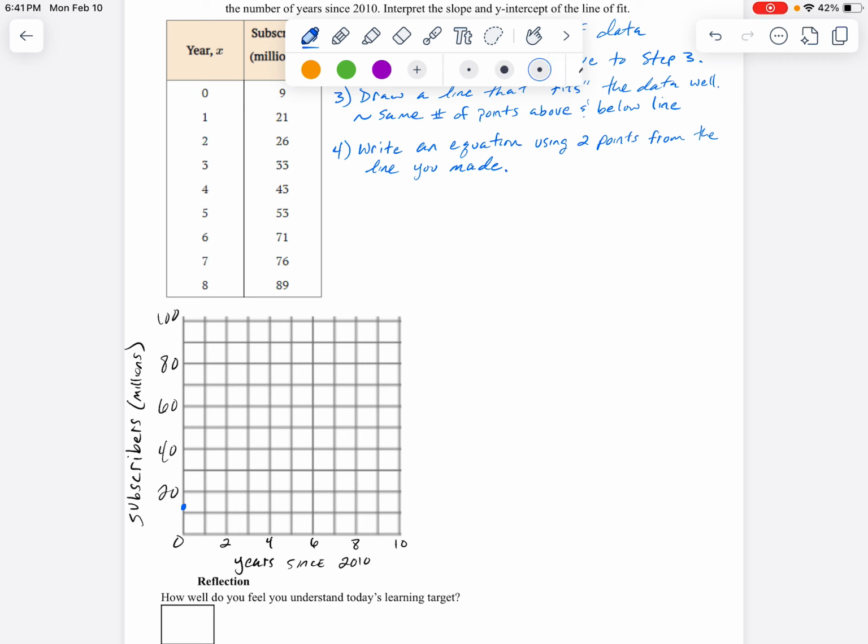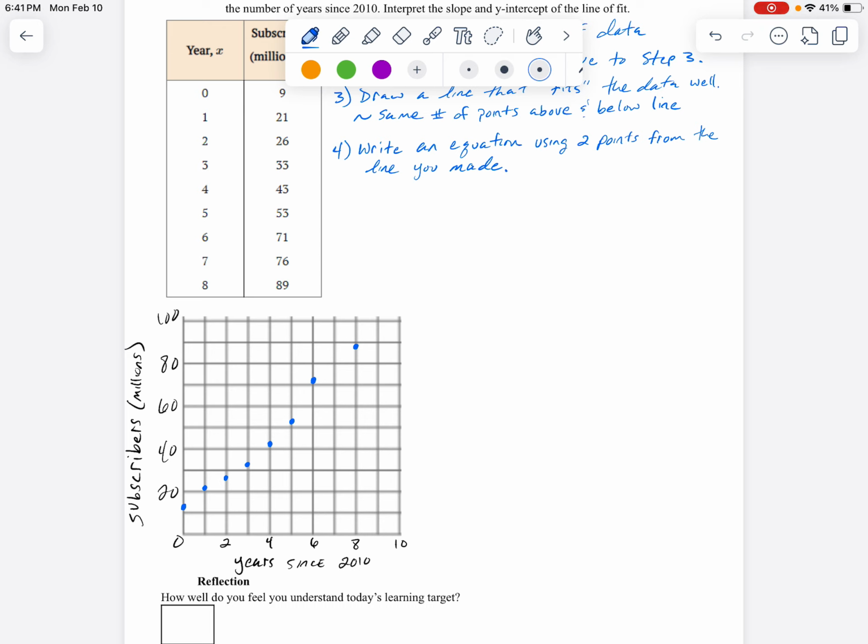We've got 1 year and 21, 2 years and 26, 3 years and 33, just above the 30 there, 4 years and 43, 5 years and 53, now we're picking up a little bit, 6 years and 71, 8 years and 89.